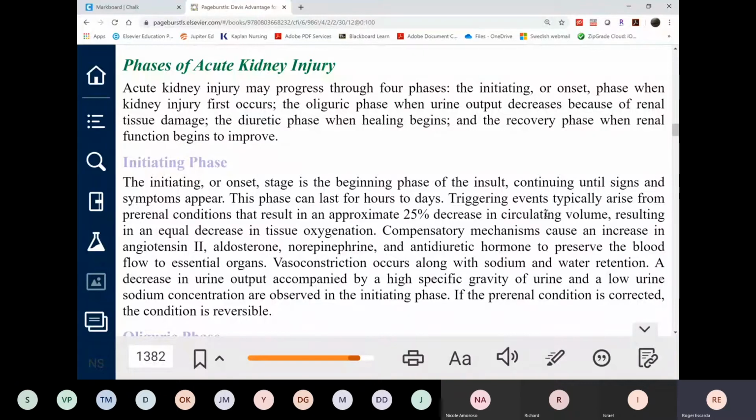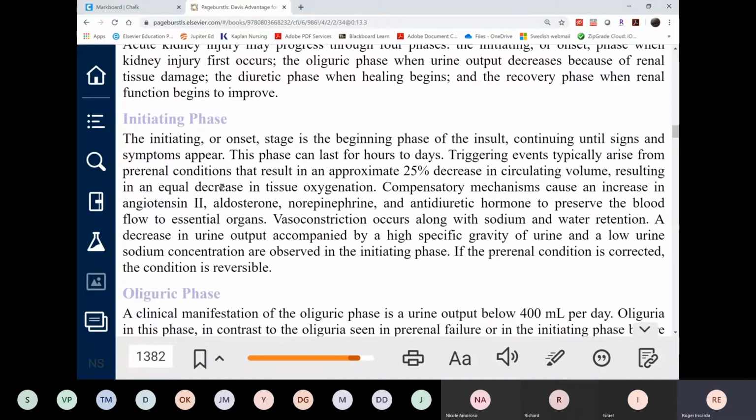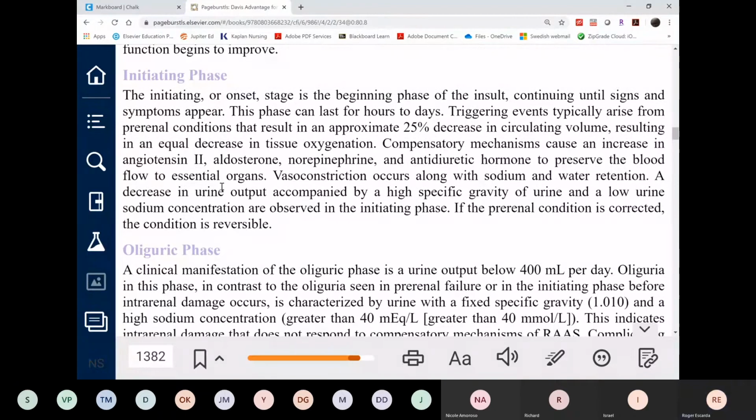The initiating phase, I don't necessarily recommend discussing or studying, because if you look at the description of what happens in the initiating phase, it happens to most of us.